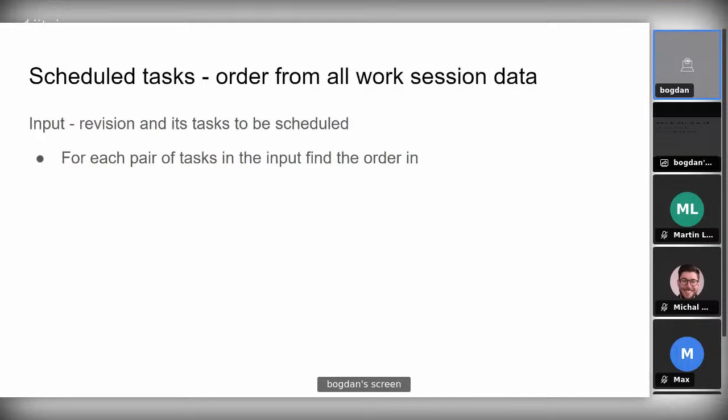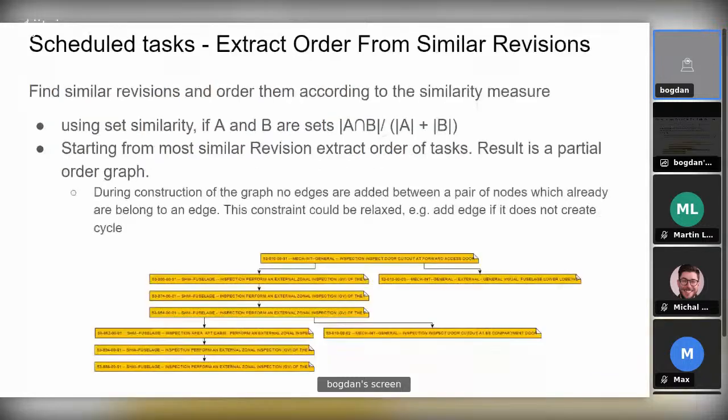Okay, so sorry, this is the wrong slide. So how do we schedule the tasks according to the similar revisions? The algorithm has several steps.